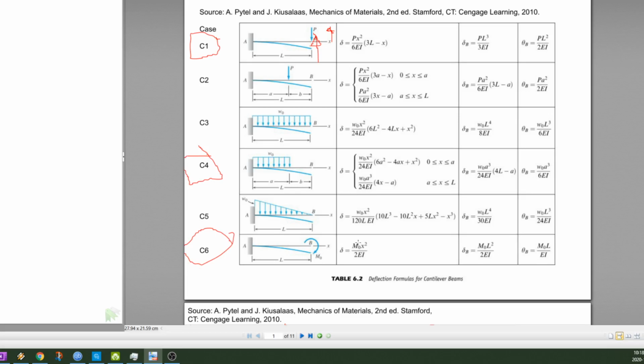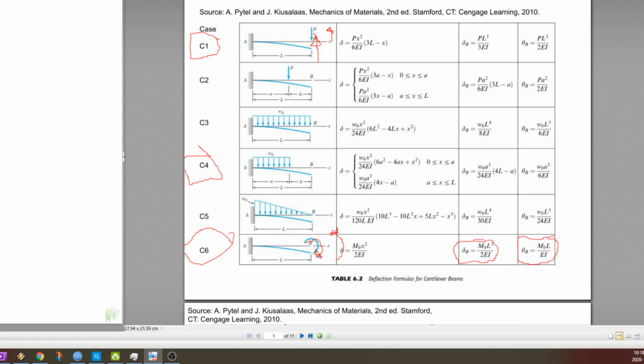Again, here they've drawn a negative moment at the end there, and it's causing what they call a positive displacement. So essentially, I'm flipping it. The situation that we've got is we're assuming it's a positive moment that's being drawn on there, so it should cause a positive displacement and a positive angle as well.